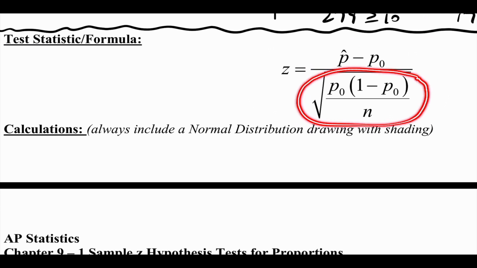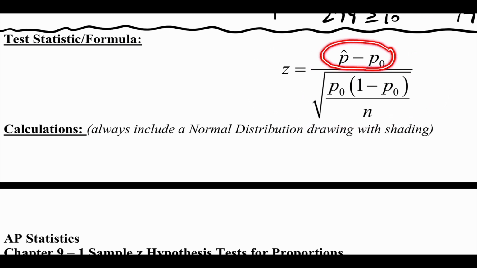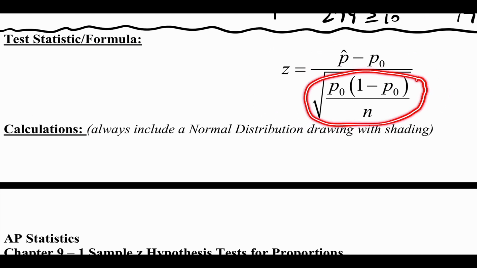Right here, this is standard deviation. You have that formula on your formula sheet, which you can use on tests, right? And then on top, what are we doing? Subtracting. And on bottom is standard deviation. What is that? Z-scores. That's what I was going to say. It's just a Z-score formula.